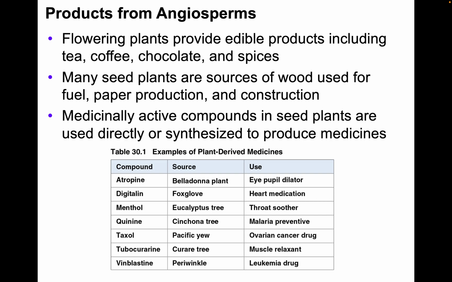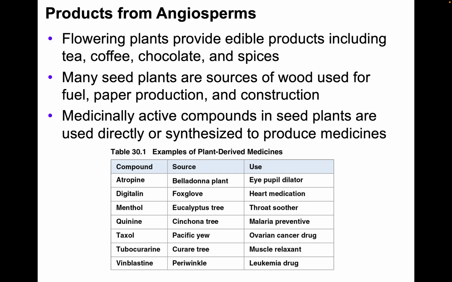Still highly used within the lumber industry are maple and oak, poplar are other very dominant wood products you will see in Menards, Lowe's, Home Depot aisles. And lots of compounds we use in medicines come from these angiosperms.